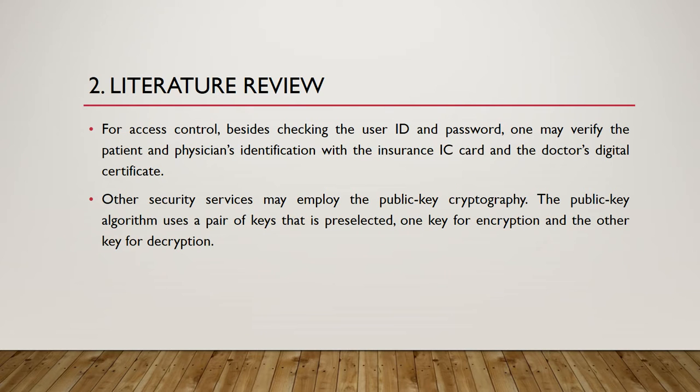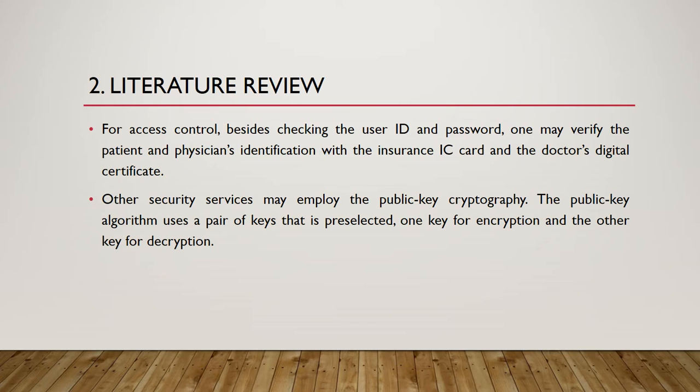So for access control, besides checking the user ID and password, one way is to verify the patient's and the physician's identification with the insurance IC card and the doctor's digital certificate. Other security services may employ public key cryptography.